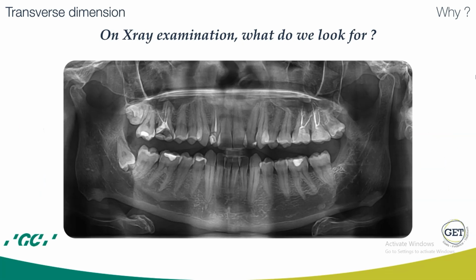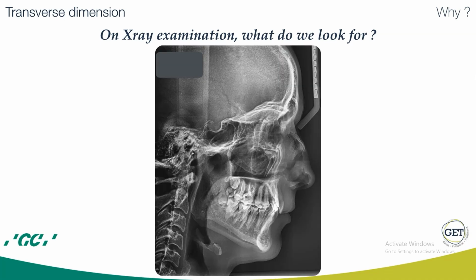Even when we do X-ray examination, what do we look for? The most often used X-ray in dentistry is the OPG. So we're looking at the status of the bone, status of the teeth, we approximate the TMJ situation, we're looking for infections, tumors. And even if we do a Ceph, usually what type of Ceph do we do?